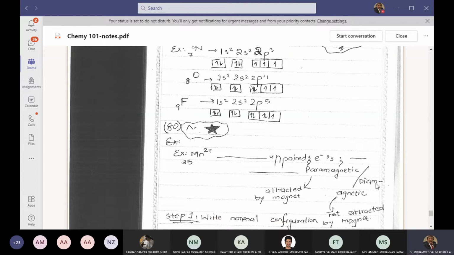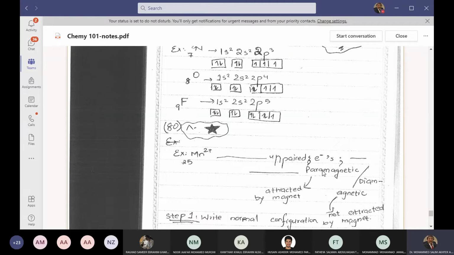Paramagnetic means attracted by a magnet. Diamagnetic means not attracted by a magnet. Paramagnetic means it has unpaired electrons, maybe 1 unpaired, maybe 2, maybe 3.